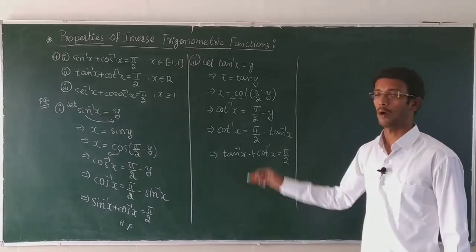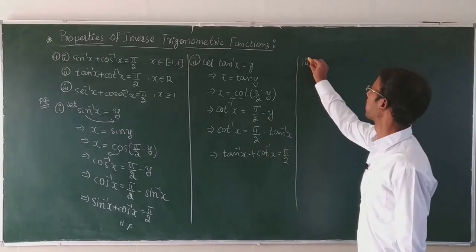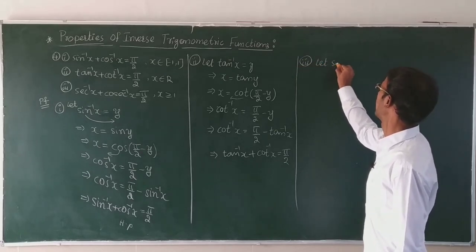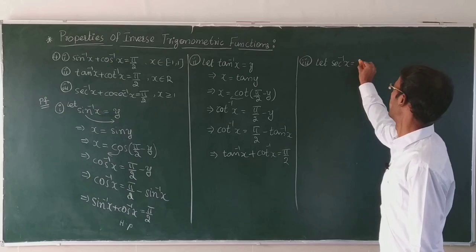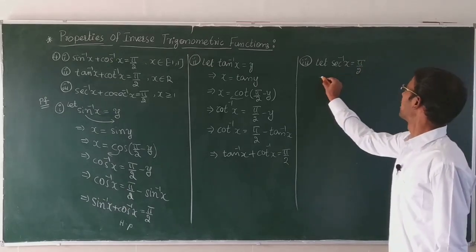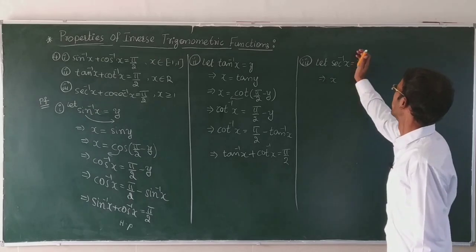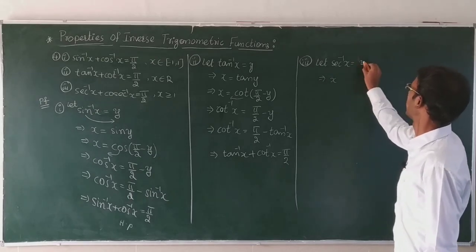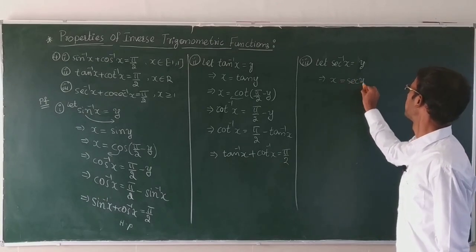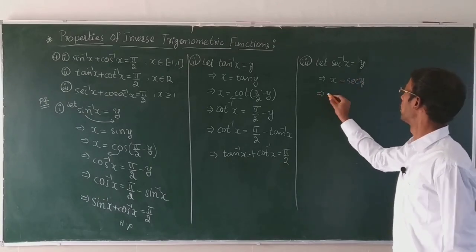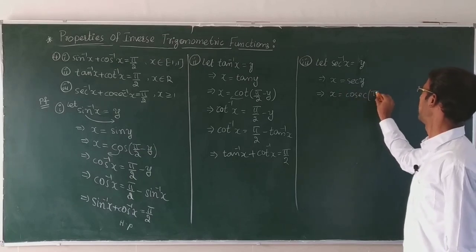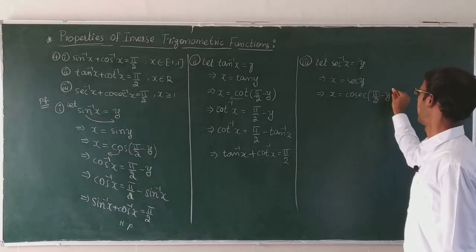Next, property number 3. Let secant inverse x is equal to y. X is equal to secant y. X is equal to cosecant of pi by 2 minus y, we can write here.